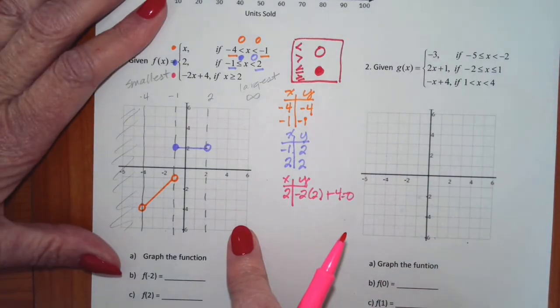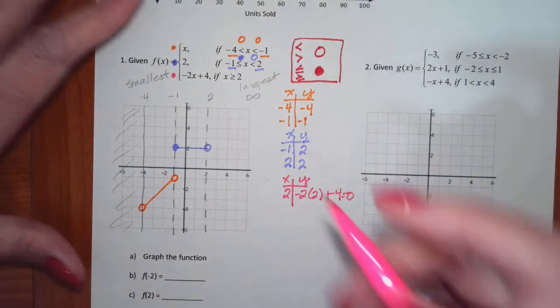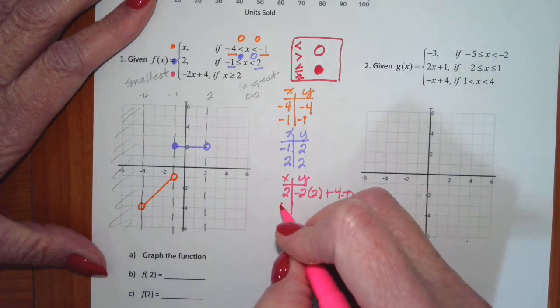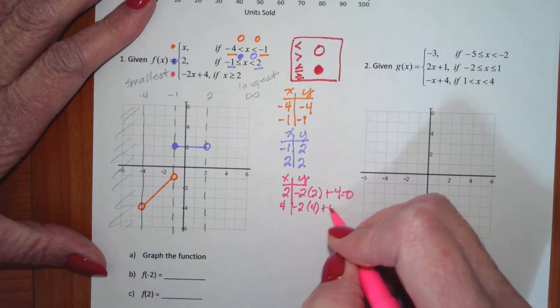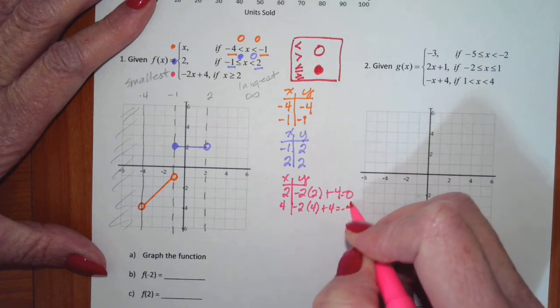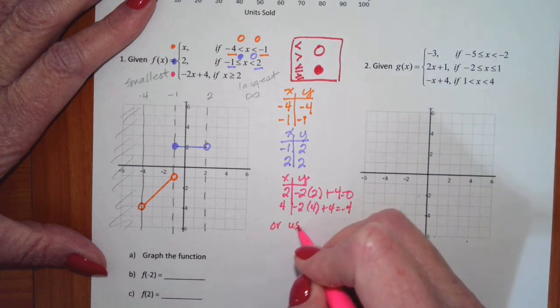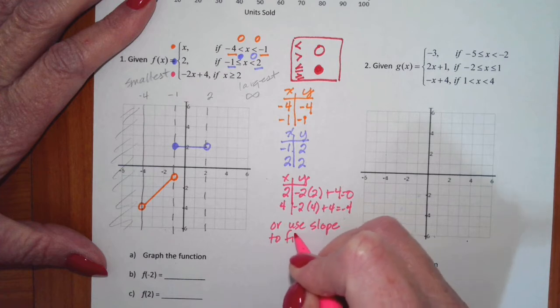But I don't have a point on the right. So I know it's a line, I can select another point. So let's choose 4. Negative 2 times 4 plus 4 is negative 4. Or I can just use the slope to find another point.